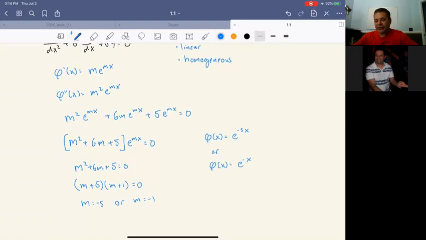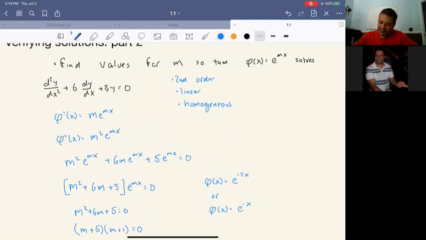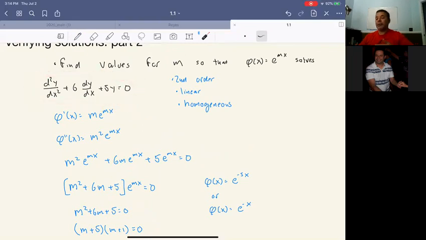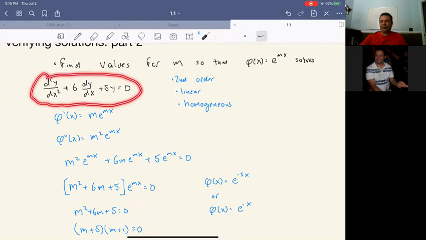Now, notice this is a second order differential equation. So remember what I said about how you have as many constants as you have the order. You're going to need two initial conditions, or there's going to be two constants you can play with.